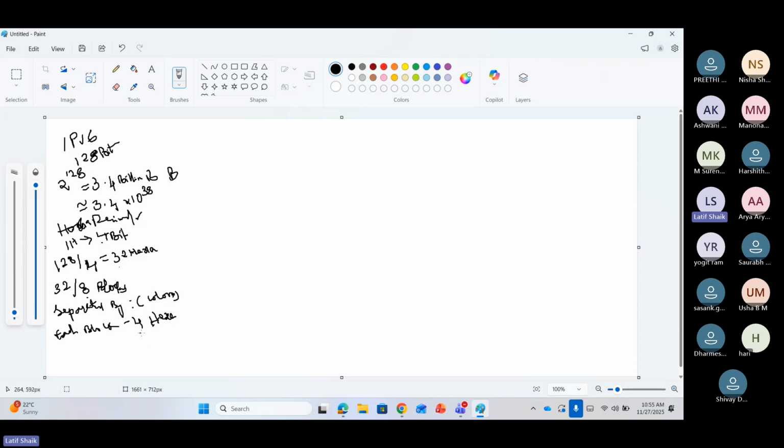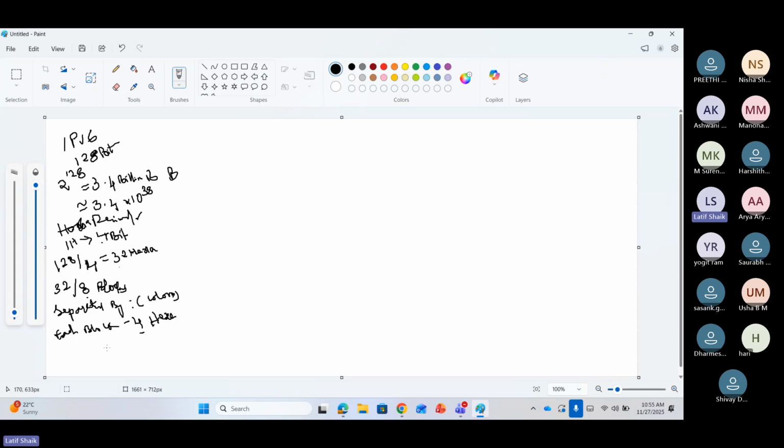Each block contains 4 hexa numbers, so 8 into 4 is 32 hexa numbers. Each hexa number represents 4 bits, so 4 into 32 is 128 bit. That's the first calculation.